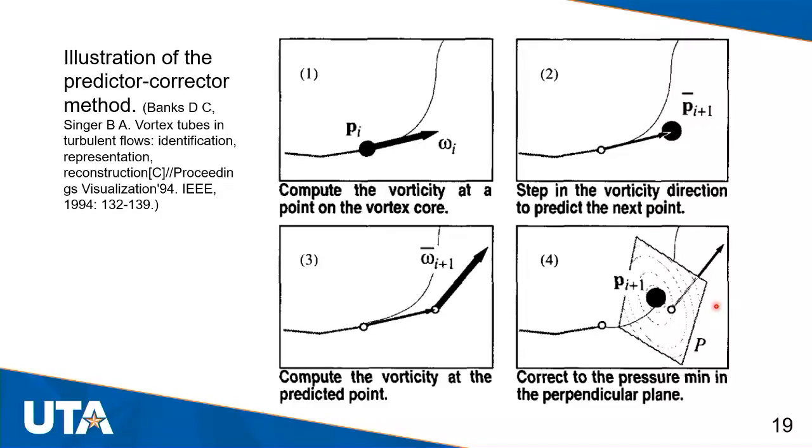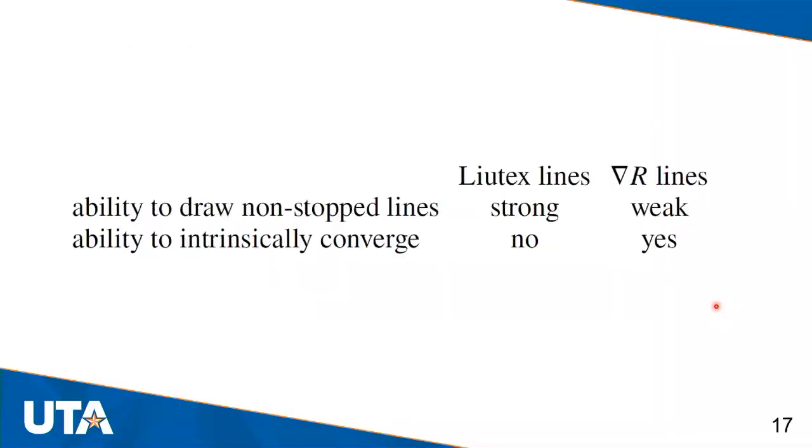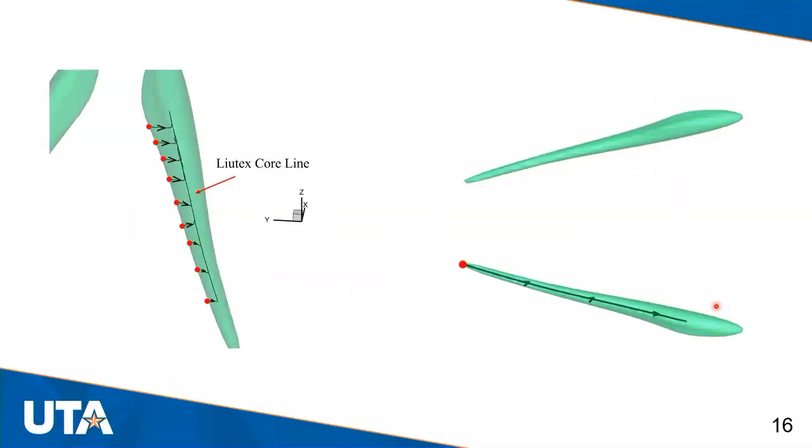So this method overcomes the drawback of the gradient line. Here it stops. If we draw a gradient line, it stops, but this point does have a Liutex direction. So we can still find the next point along the Liutex direction. That may have some error, then we correct it by the Liutex gradient.